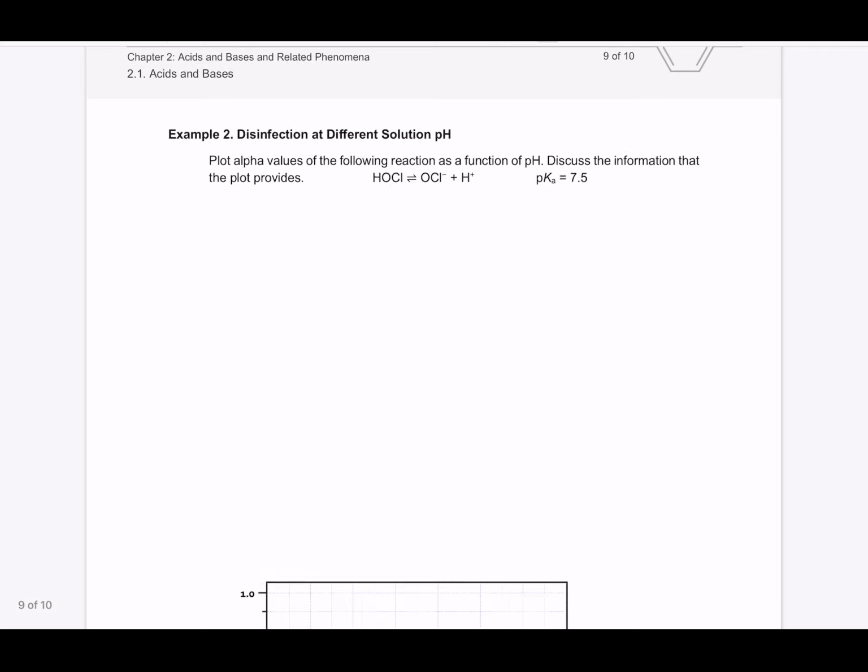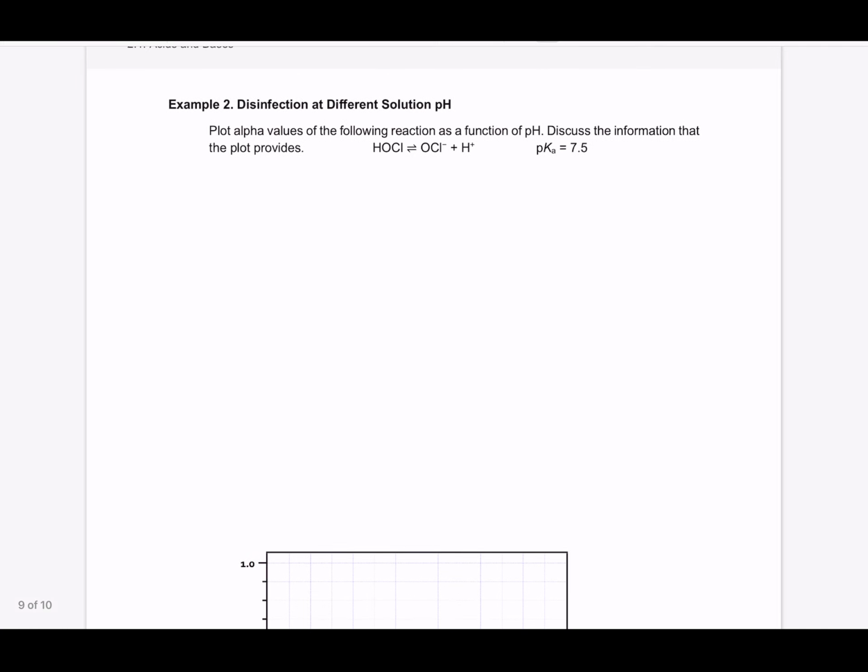And we know this is a stronger disinfectant. So we're looking at the profile of the strength of this disinfectant as a function of pH using alpha, because alpha is directly related to the concentration of each individual species. Alpha 0 is related to this one, alpha 1 is related to this one. Then we have this graph, and we want to see how the plot looks.